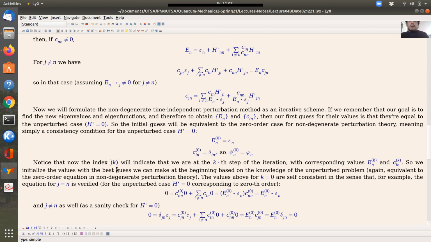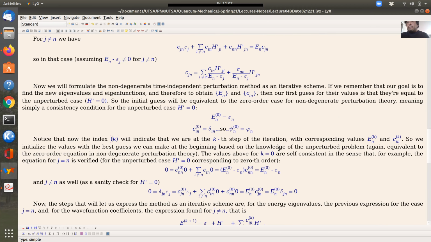Again, we initialize the values with the best guess we can make at the beginning, based on what we know for the problem without any perturbation. This is equivalent to the consistency condition of zeroth order perturbation theory. So at least at that level, I'm presenting some matching of the methods.